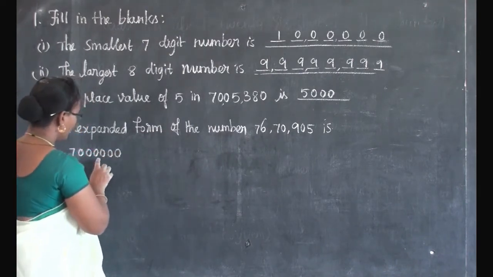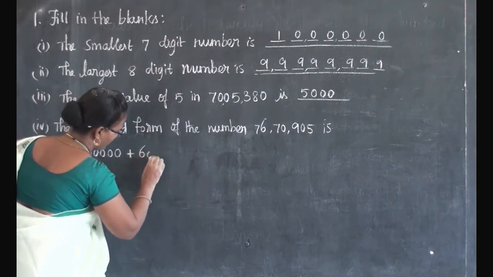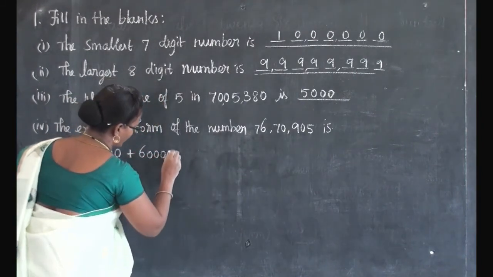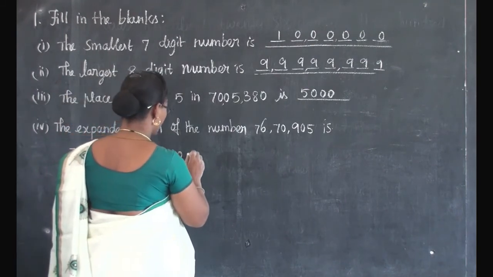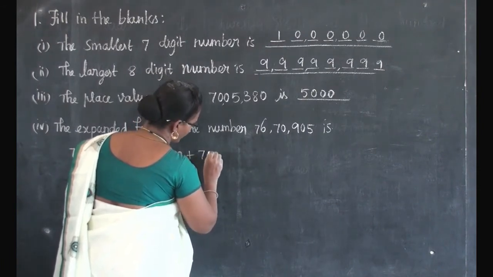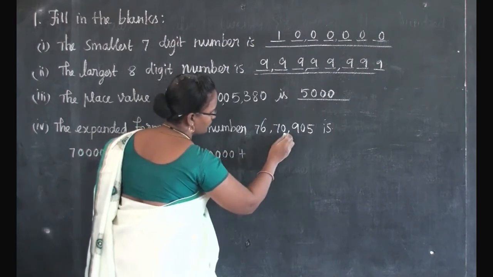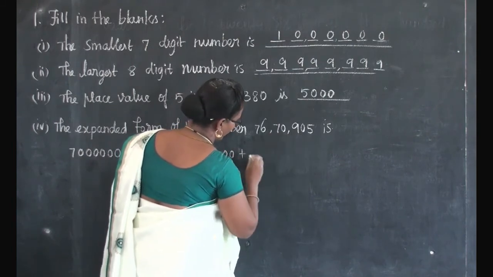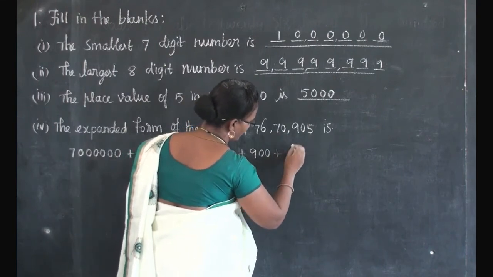So 70 lakh plus 6 lakhs and 70,000, plus 0 is there, no value here, plus 900, plus 0.